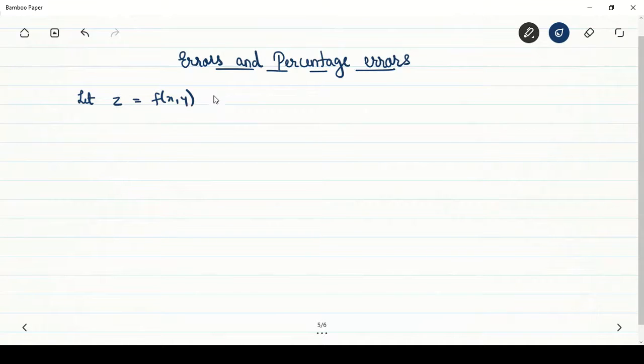So let z = f(x, y) be a continuous function of x and y.